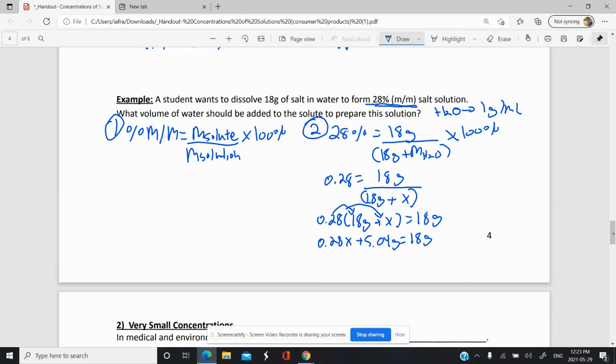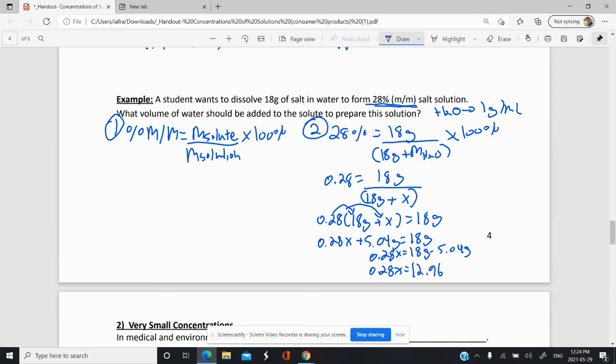And so then I'm going to rearrange and I'll get 0.28 X is equal to 18 grams minus 5.04 grams. And so that'll be 0.28 X is equal to the 18 minus 5.04. And I'll get 12.96 over here.